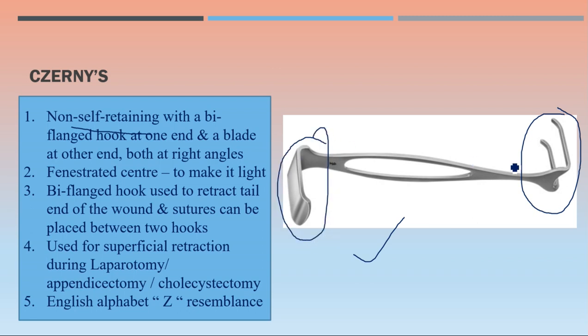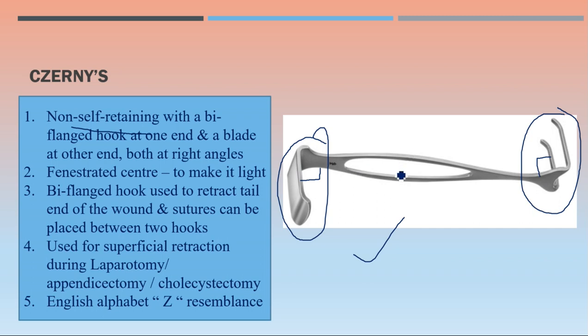This end has a bi-flanked hook-like structure, and at the other end we have a blade. You can see the angle between them is a right angle. Again, this is a right angle. Okay, this is how you can identify the Journeys retractor.